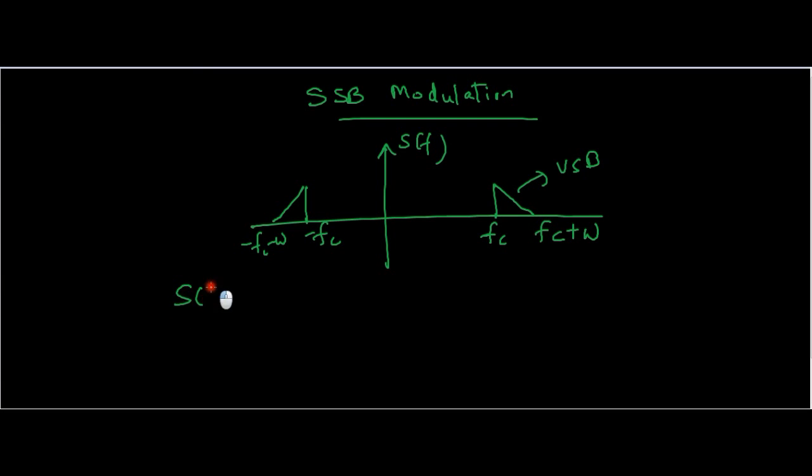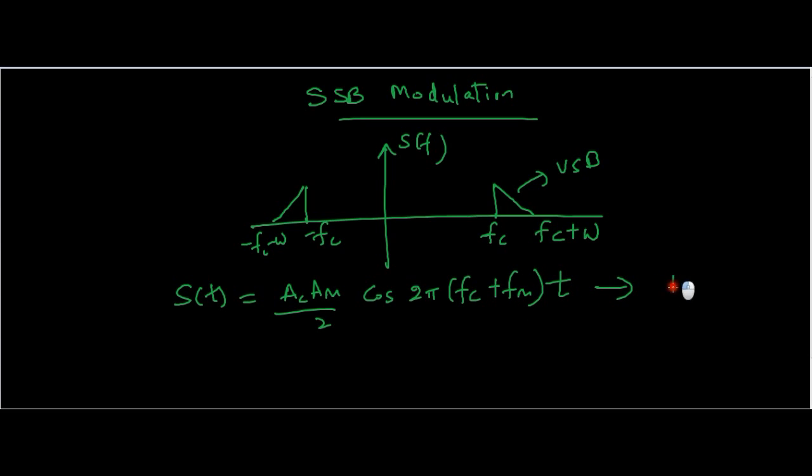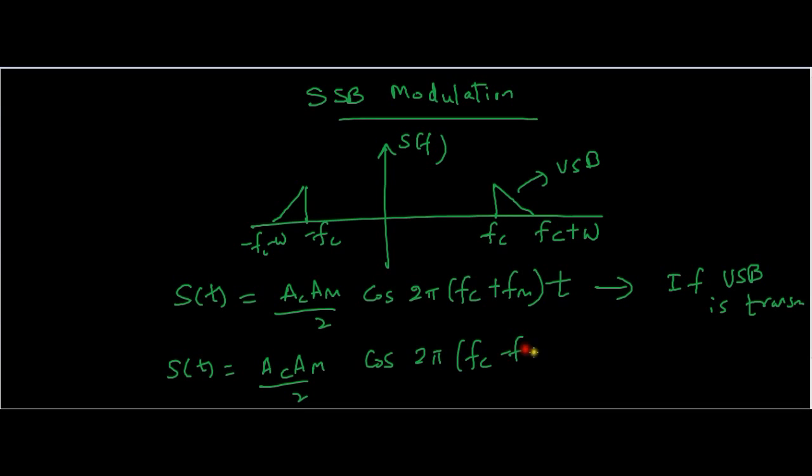As I told earlier, s of t is Ac Am by 2 cos 2 pi (fc plus fm) t if USB is transmitted, and s of t is the same as this, cos 2 pi (fc minus fm) t, if LSB is transmitted.